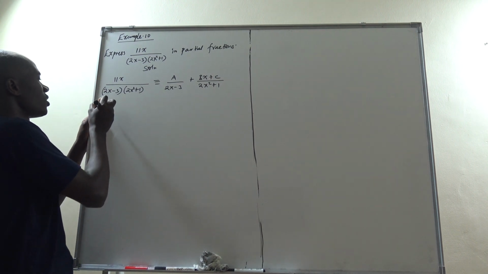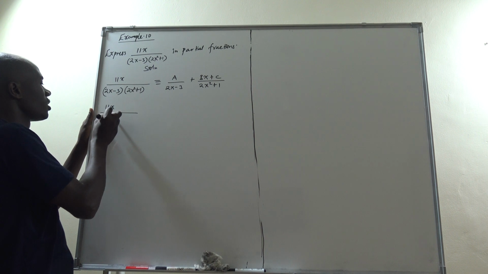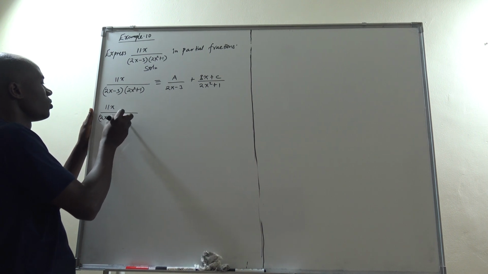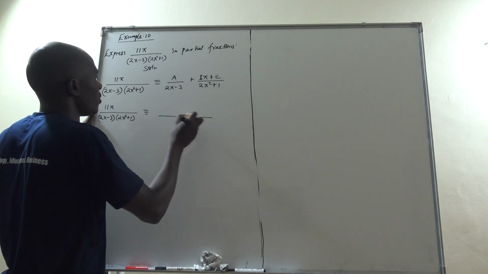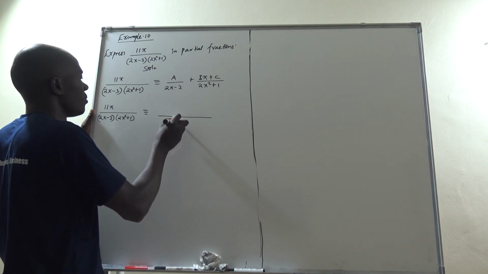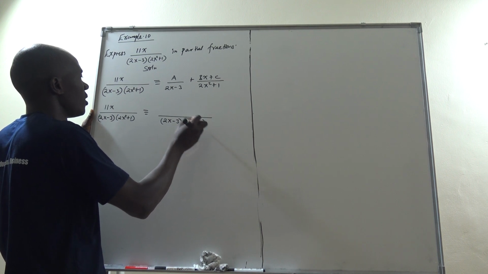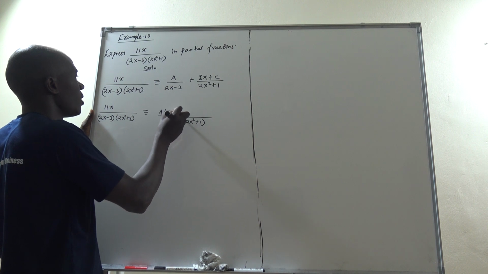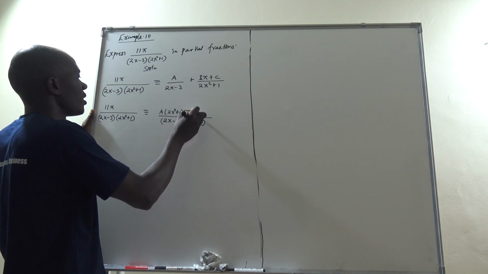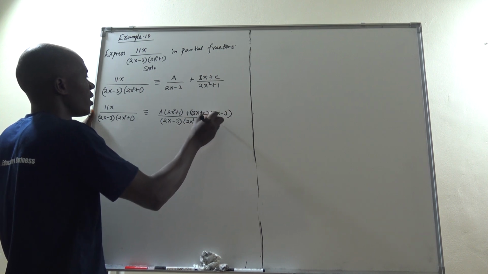So can we find the LCM? We have 11x all over (2x minus 3)(2x squared plus 1), which is the same as, with the LCM being (2x minus 3)(2x squared plus 1), A into (2x squared plus 1) plus (Bx plus C) into (2x minus 3).